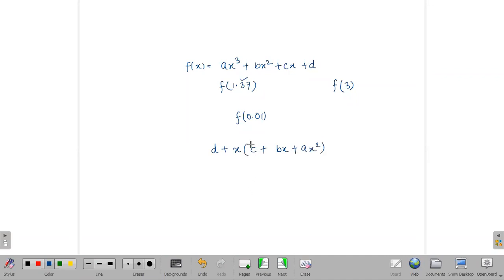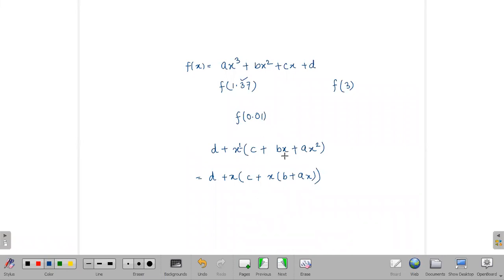I'm trying to write each power of x in terms of x raised to power 1 only. I'm trying to reduce its powers only. So d plus x times c plus, again I can take x common from here, b plus ax. This way you can write the polynomial, and now if you put 1.37 or any other real number in decimal in this, you will get the most accurate approximation.